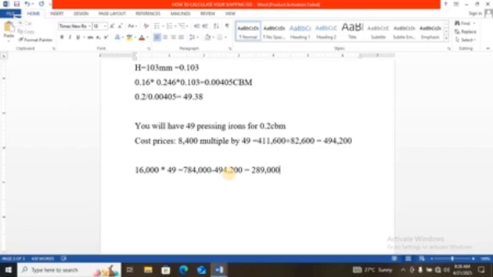Why I'm using 0.2 cbm is because it is the least cbm for the shipping company. So let's say you are selling it 20,000 or 17,000. You can do that on your own.